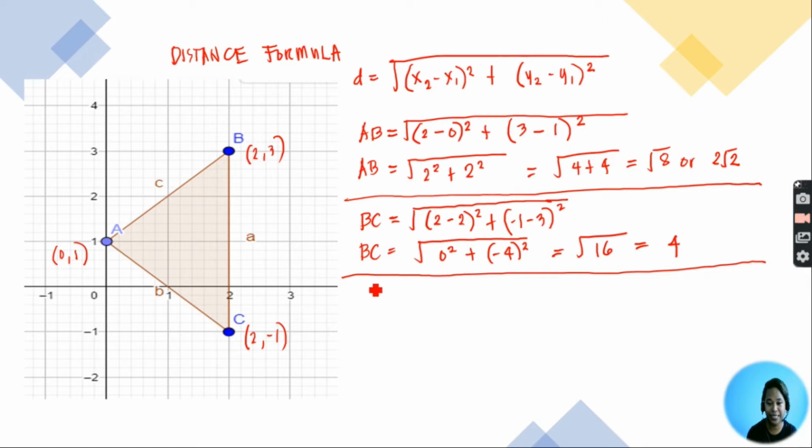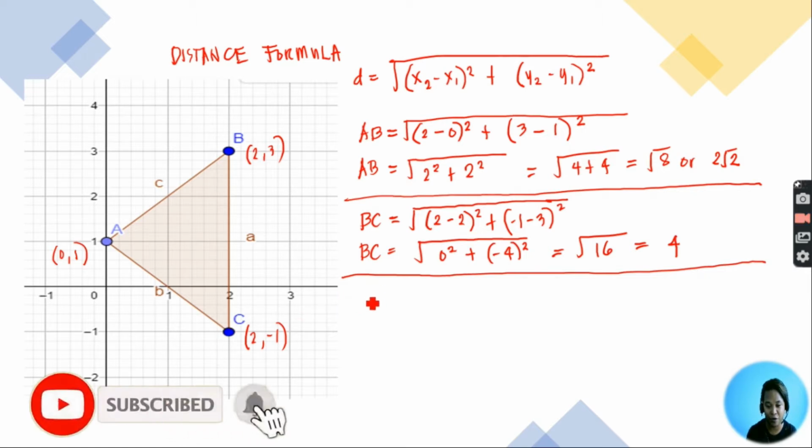Next, the distance from A to C, or from C to A. So AC.